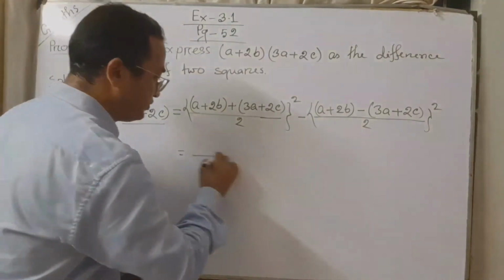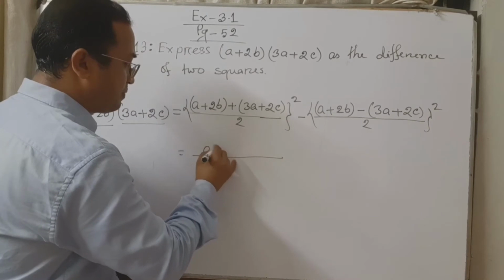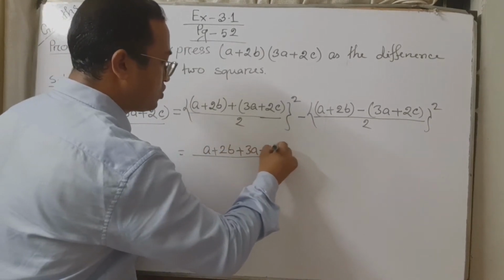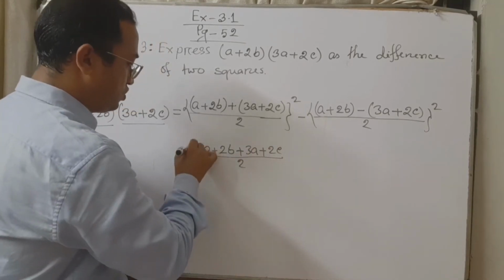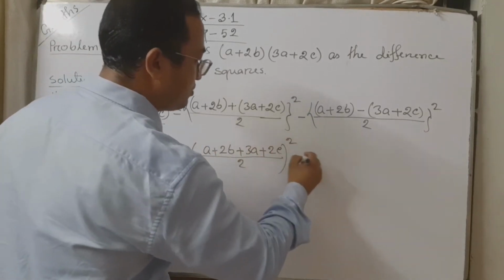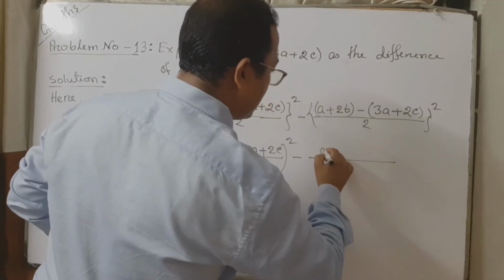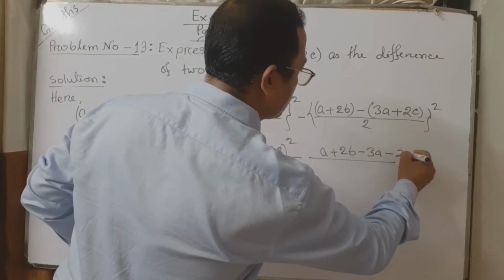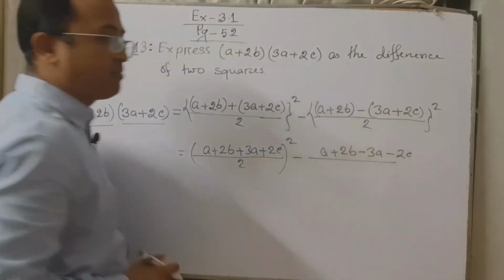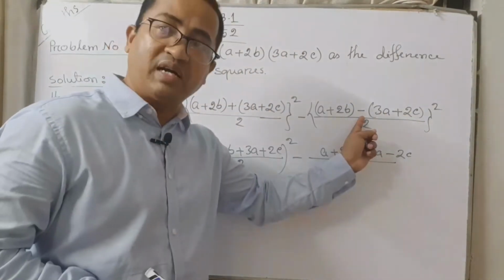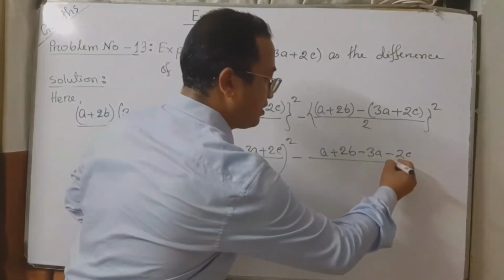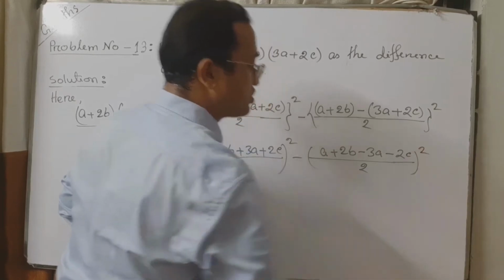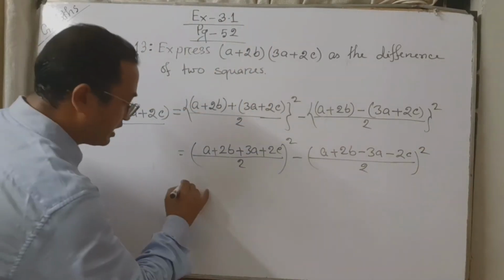At first, ((a plus 2b plus 3a plus 2c) by 2) whole square minus ((a plus 2b minus 3a and minus 2c) by 2) whole square, with minus 3a and minus 2c because there is a minus over there. Now just calculate it.